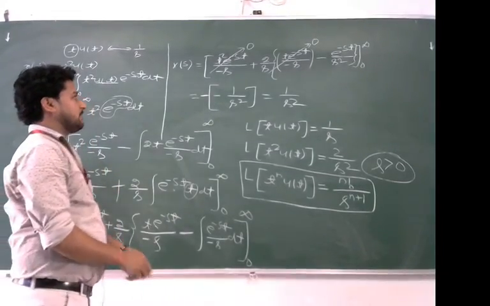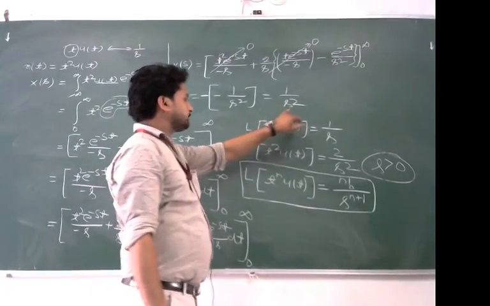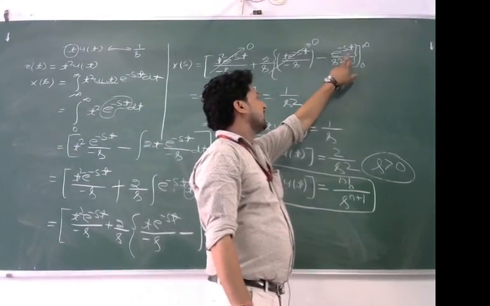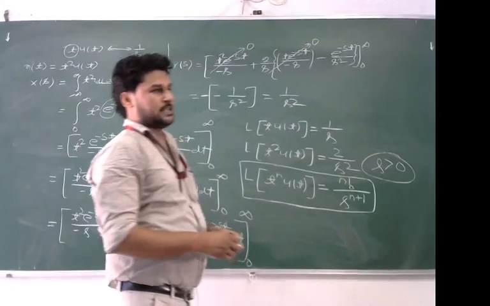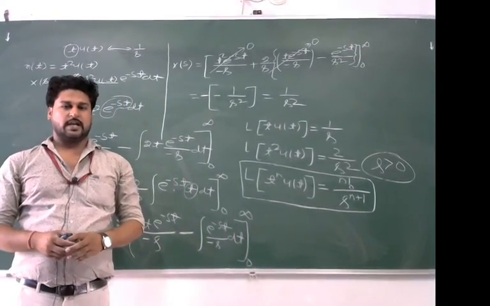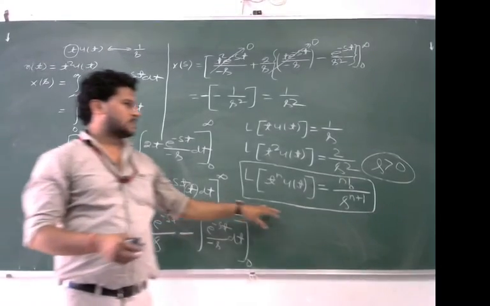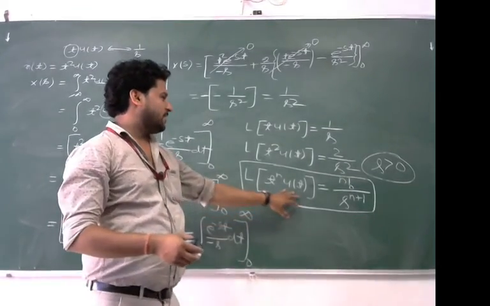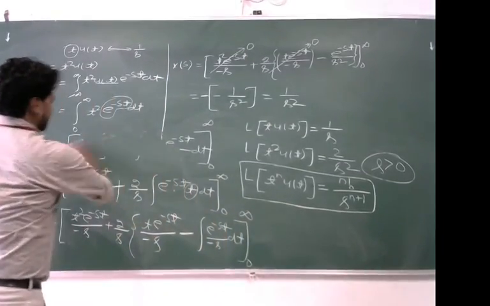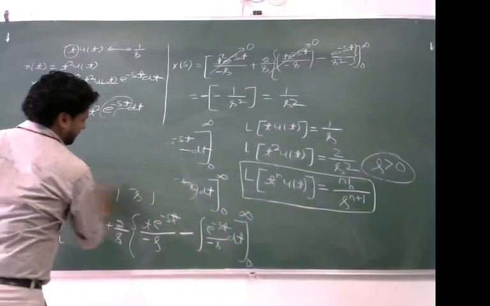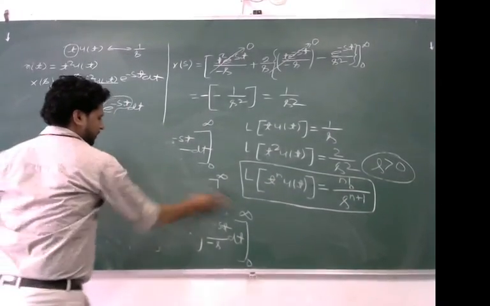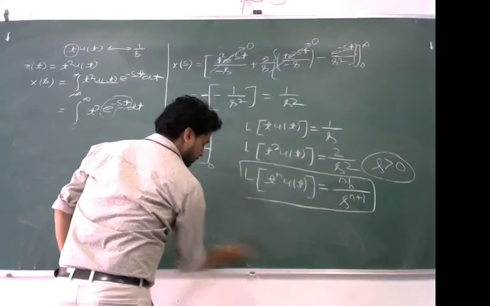If s is not greater than 0, then e power minus st will lead to infinity, and this integration will not converge if the value of s becomes negative. So for all these cases, the value of s will be greater than 0, and this will be the region of convergence for the given relation. Now consider some more useful cases.